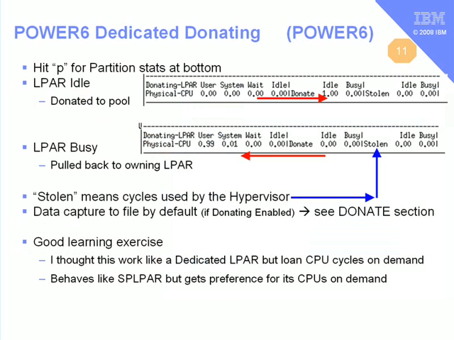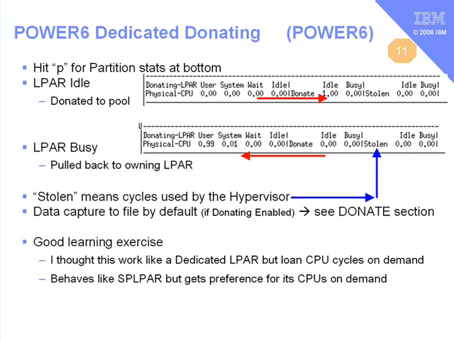If we hit P for the partition information at the bottom, we have this extra data. When the logical partition is idle, in actual fact all of the CPU cycles are donated to the shared pool, and then when this logical partition starts using its CPUs, it will immediately bring back the CPU cycles for its use.